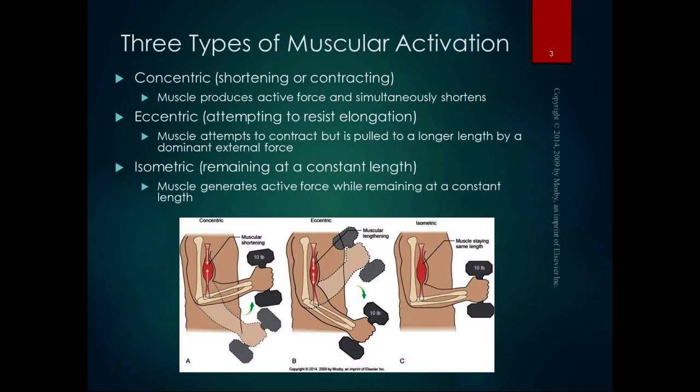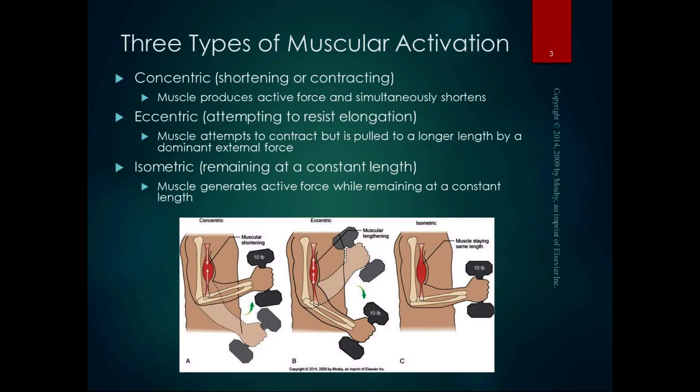We're going to review the 3 types of muscular activation. I'm sure you all heard this in anatomy and physiology and probably other places as well. And we're going to talk a lot about this with all the muscles that we think about in this class. So a concentric muscle contraction is a shortening or contracting action.